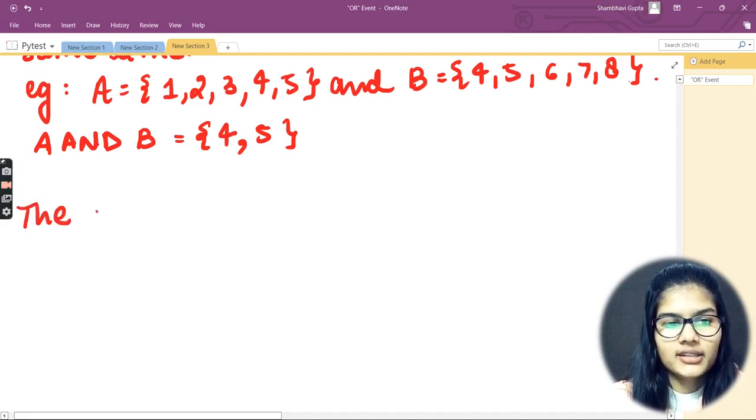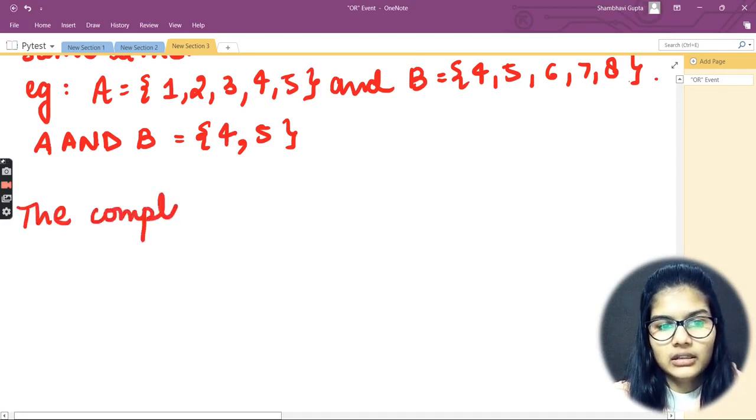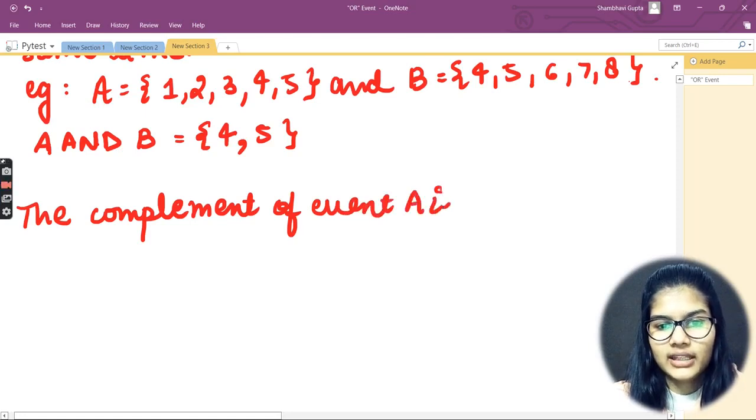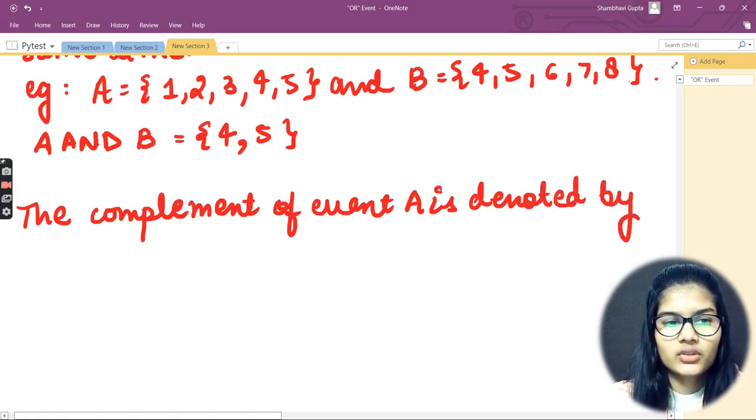The complement of event A is denoted by A dash.